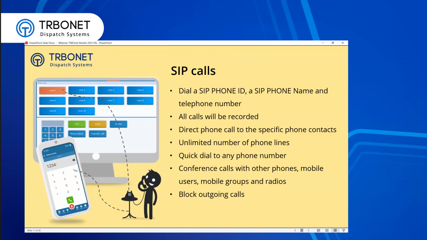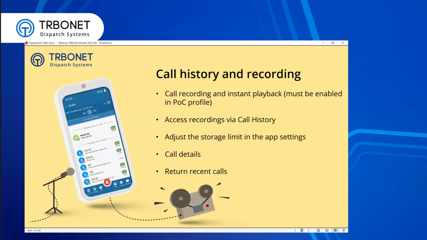Next slide, Irina, please. We also have call history and recording. This is a very useful feature in TRBOnet Mobile. You can access all the recent calls instantly, and you'll see on the display which ones were group calls or private calls or dispatchers or alarms, and you can easily check whether you missed them or not.